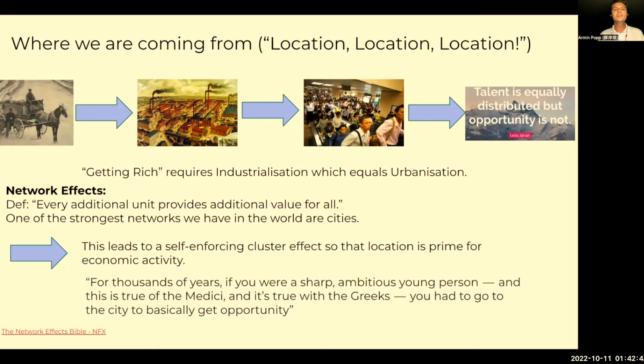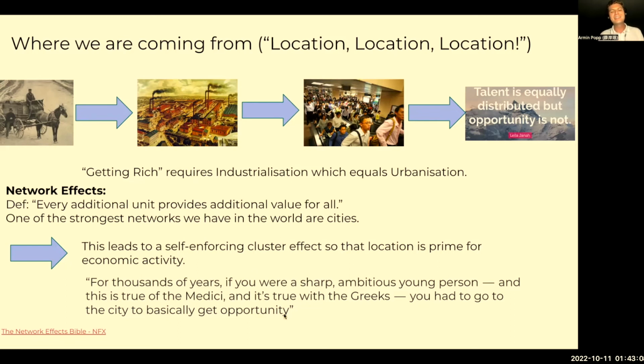But opportunity, pretty much where the value creation is happening, is not well distributed. It's clustered. And that's obvious, because this whole game that we just discussed is really about creating and self-enforcing cluster effects all the time.